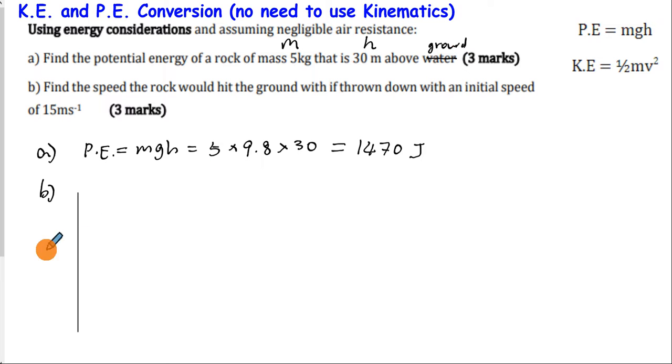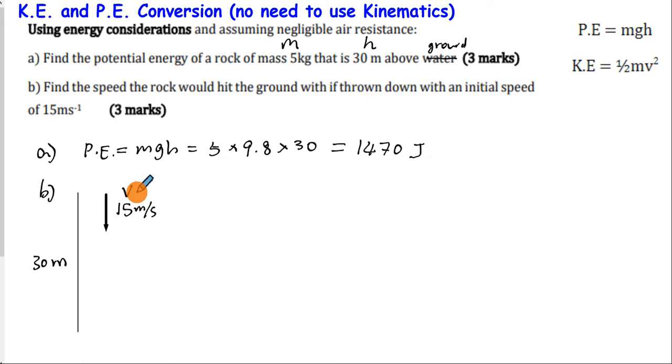So 30 meters above water, so 30 meters. And the initial speed, thrown down with initial speed, that is going to be 15 meters per second.